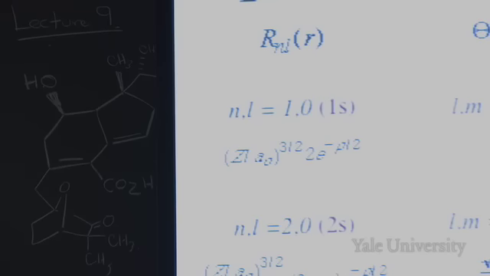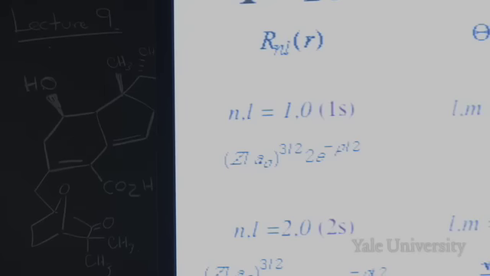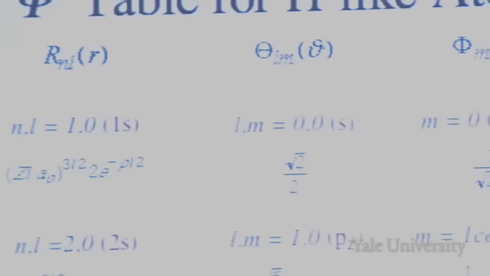or 1. Oh no, actually, wait a second. If L is 0, then M has to be 0, it says in the second column. Does everybody see that? You see up at the top? It says if L is 0, then M can be 0.